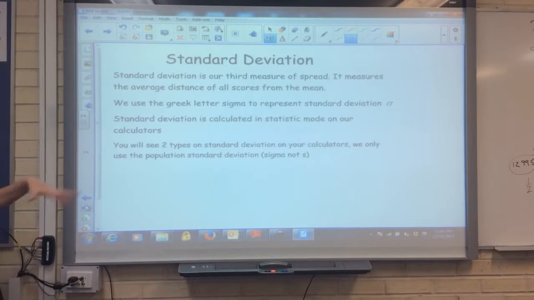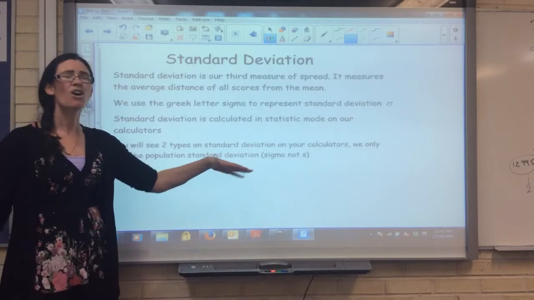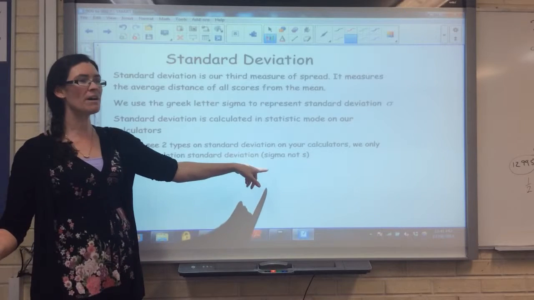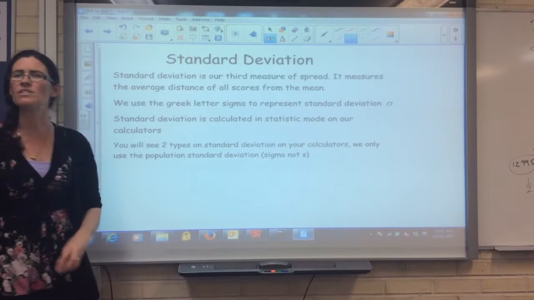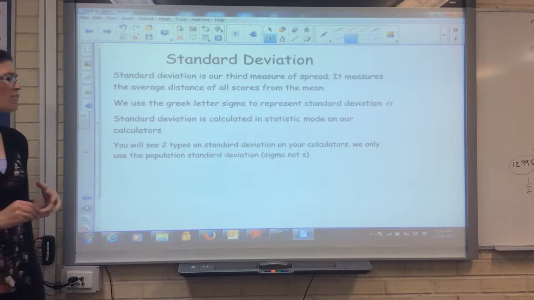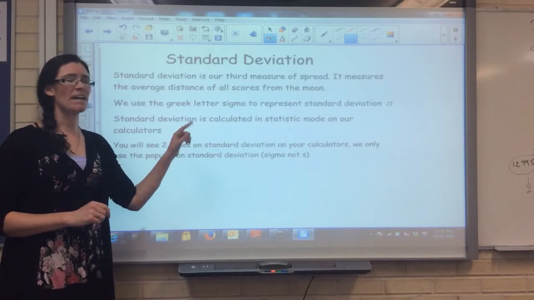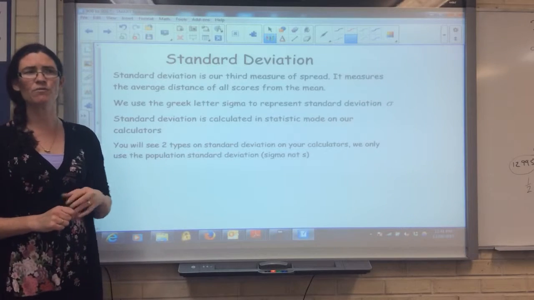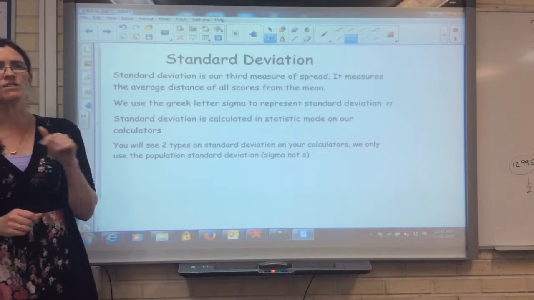There are technically two types of standard deviation. One's called the population standard deviation, and one's called the sample standard deviation. We only look at the population standard deviation. On your calculator, it's the one with the sigma, the other one has an S. If you have a different sort of calculator, you might have sigma n for standard deviation for a population and sigma n minus 1.